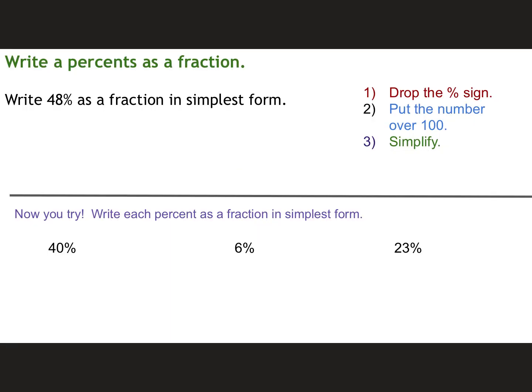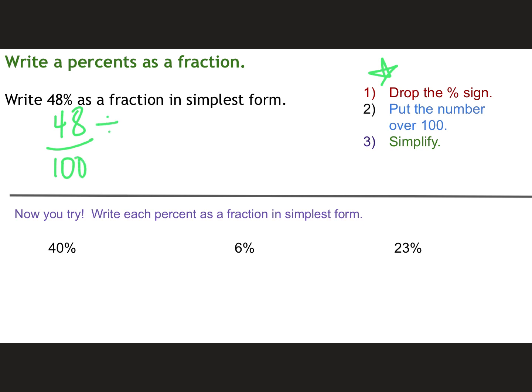Now going the other direction, if we are starting with a percent and we want to write it as a fraction, here are our steps. Drop the percent sign, put the number over 100, because again, percents are out of 100, and then simplify. So 48% as a fraction, well, we would write it as 48 over 100, and then we simplify.